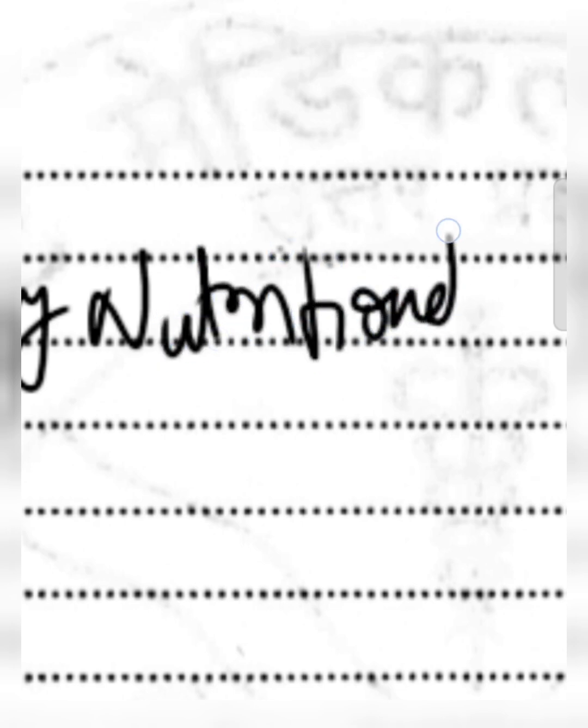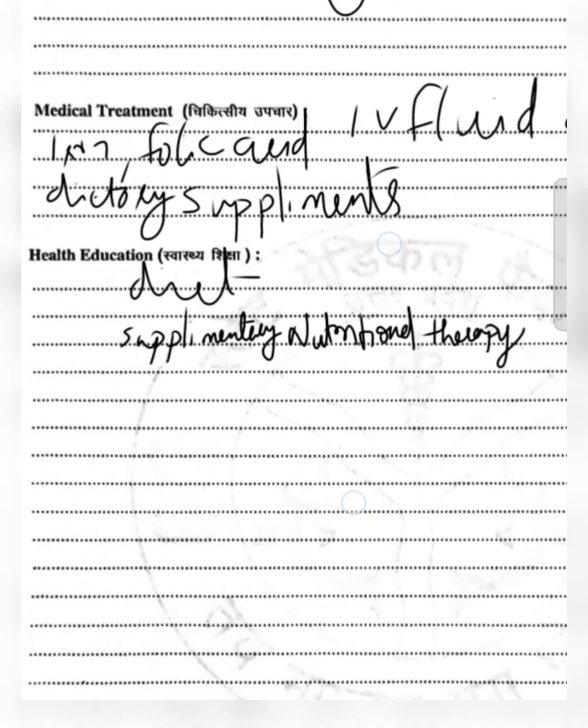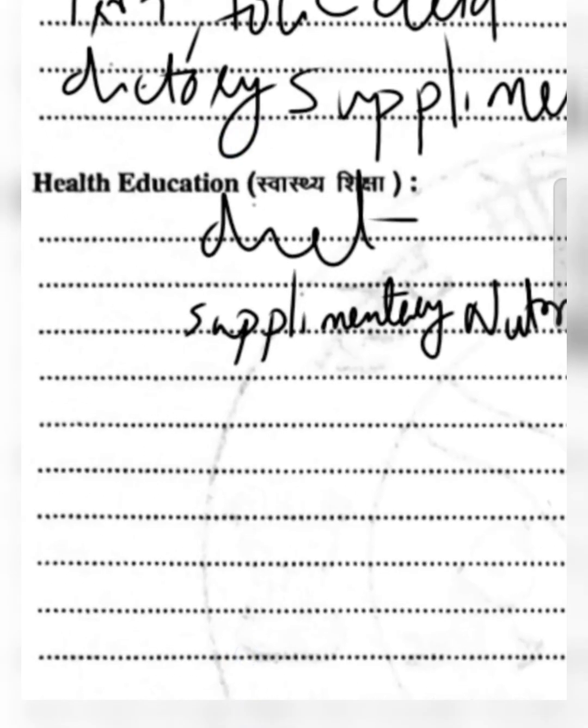Eat a balanced diet, and we need to give the mother supplementary nutrition. Take prenatal multivitamins, iron, folate, and avoid contaminated foods so we can control any other infections also. So supplementary nutritional therapies we can start.